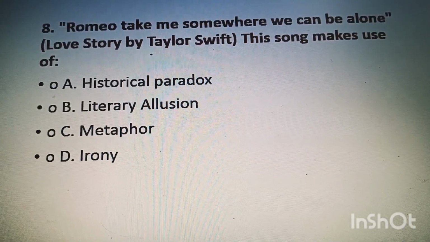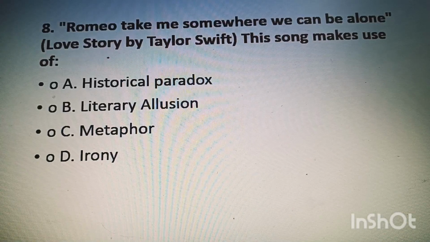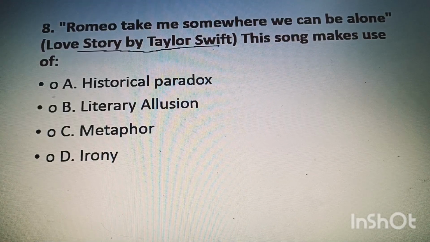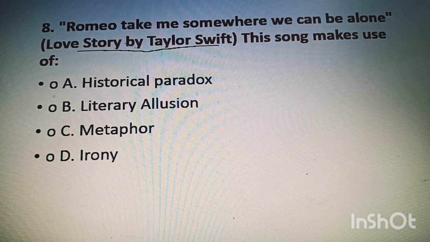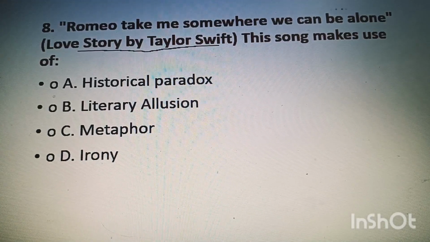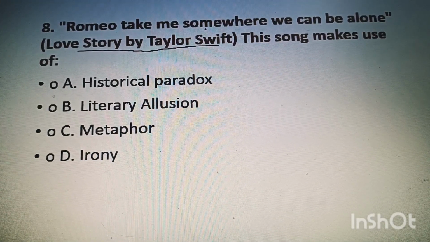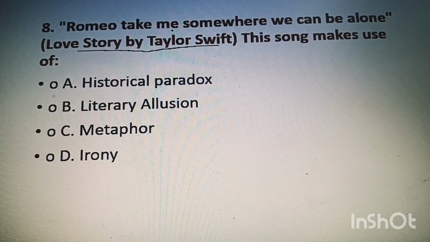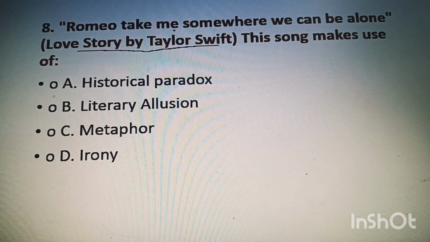Question number 8. Romeo, take me somewhere we can be alone. Love Story by Taylor Swift. This song makes use of... See, Romeo, take me somewhere we can be alone. Means unknown place. Something is missing, means idea is not clear.